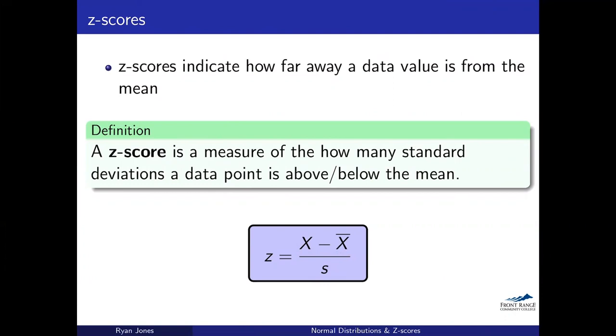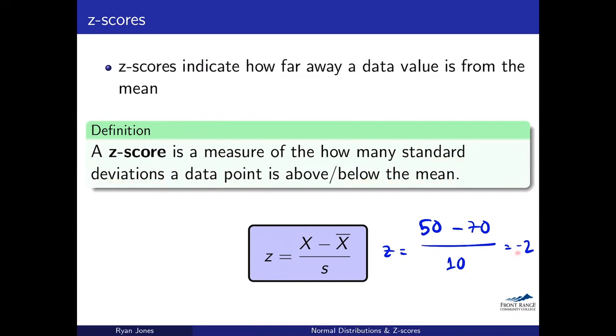If we look at that average of 70, and we want to know where that 50 data point lies, if we want to know its z-score, we're going to do 50 minus 70 divided by that standard deviation of 10. Well, this ends up giving me -2. And that -2 tells me that the data point is 2 standard deviations below the mean.